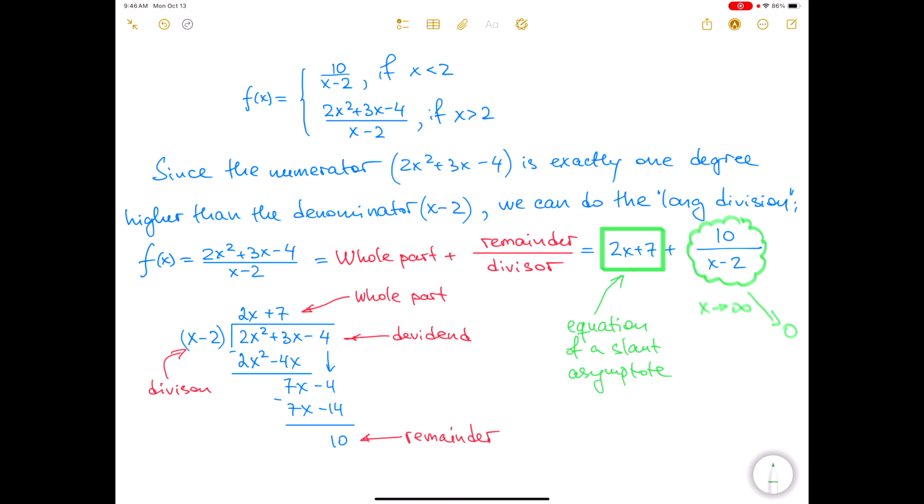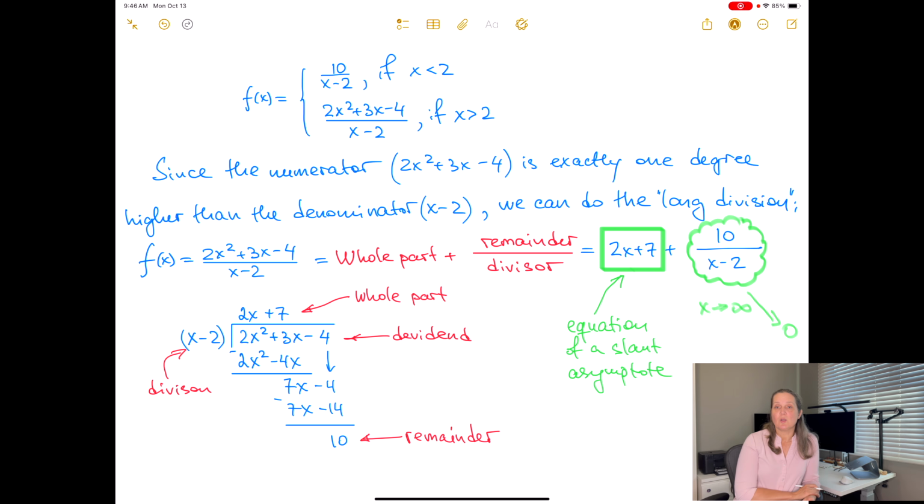And this is how we find the equation of a slant asymptote, y equals 2x plus 7. In all cases where we have a function f of x as a rational function where the numerator has degree 1 higher than the denominator, completing a long division allows us to extract the equation of a slant or oblique asymptote.